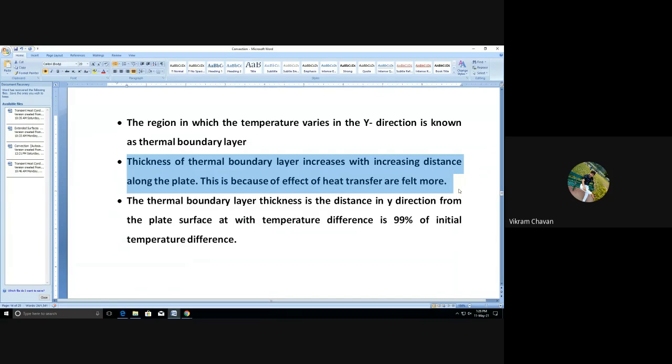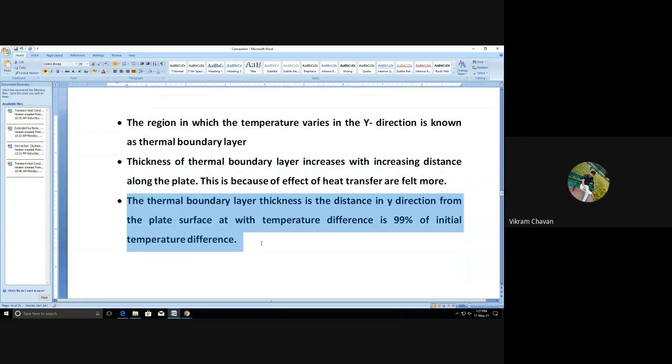This is because the effect of heat transfer is felt more.